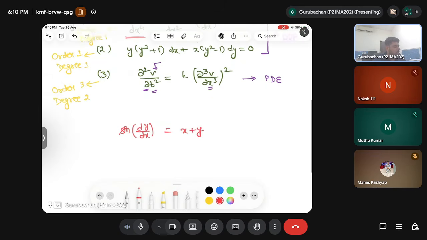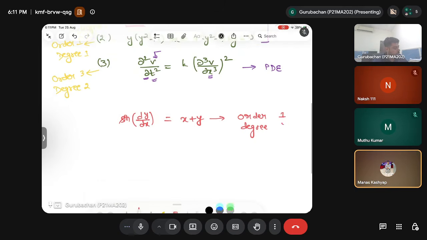Now can you tell the order and degree? No, we can't comment. Why? It is in sine, so we have to free it from sine. At least order we can tell: order is first, but degree we can't say like this.